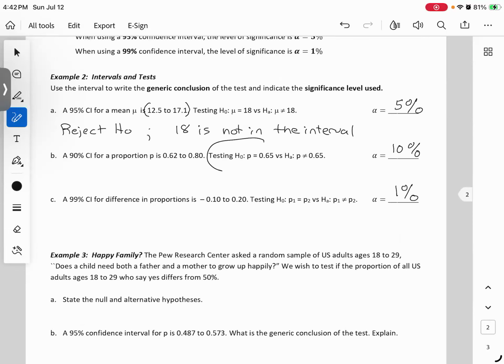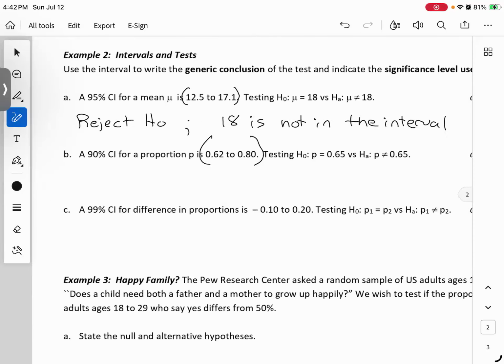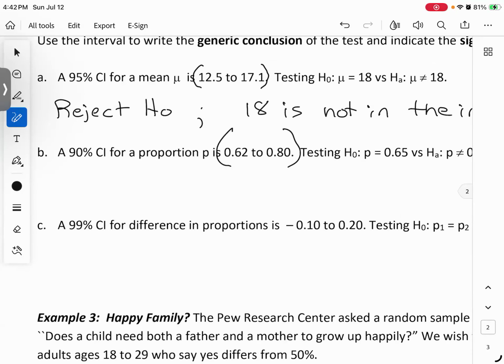Now, B, the null is what we're trying to reject, which someone has come along and said that the proportion for some population parameter is 65 or 0.65. And based on the interval, again, that would have been something that they bootstrapped based off of a sample. They got something between 62 all the way up to 80 is plausible.